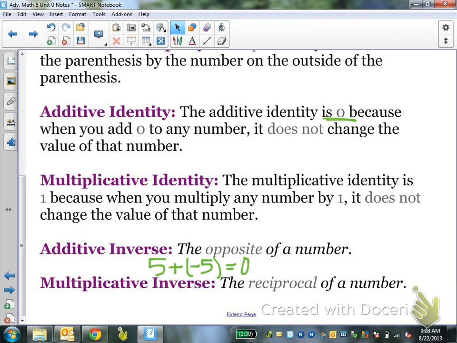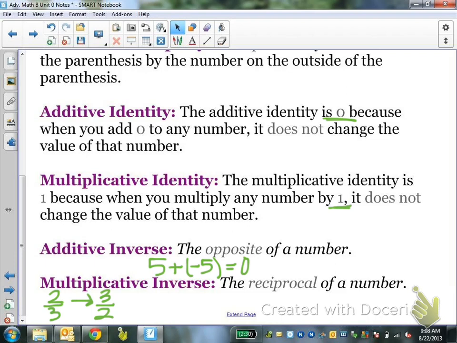So then multiplicative inverse is the number that's going to get me to 1, which is the reciprocal of a number. Say that I give you 2 over 3. What is the reciprocal of 2 over 3? Everybody. 3 over 2.